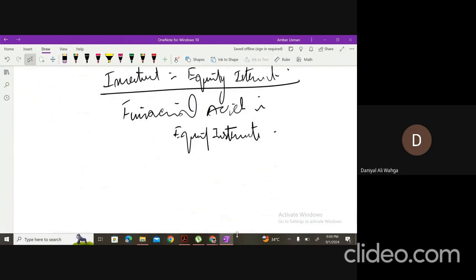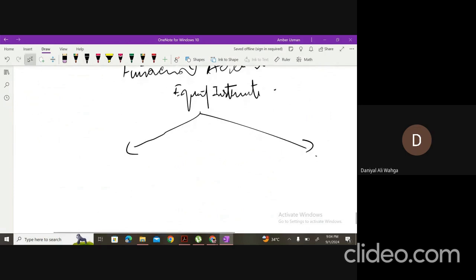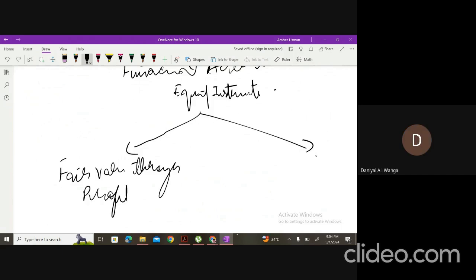So, what you're going to do here, the book follows two models. Either it is known as fair value through profit and loss account.